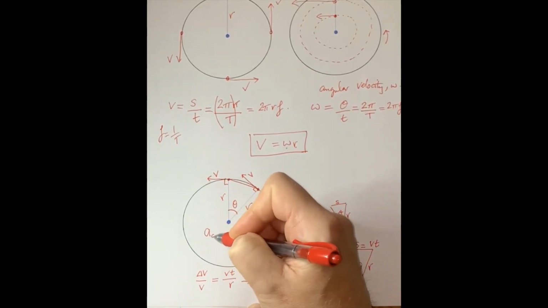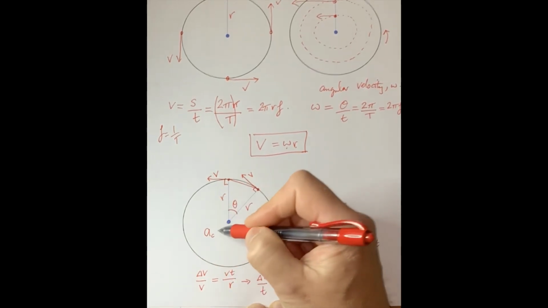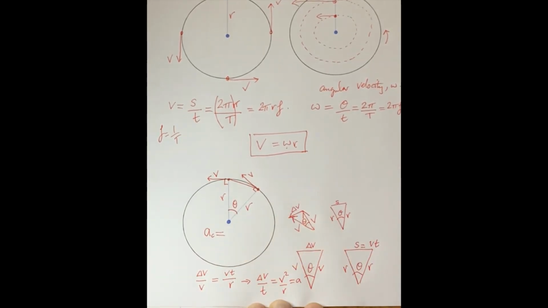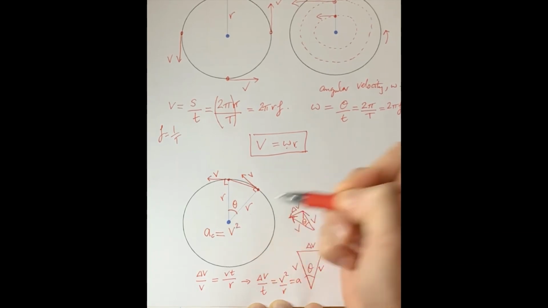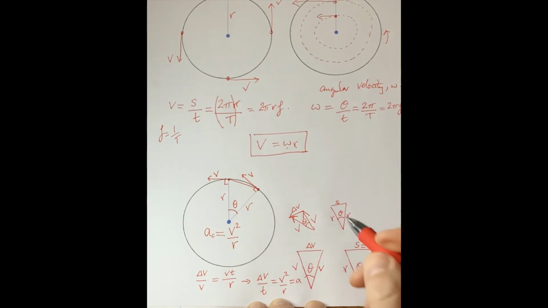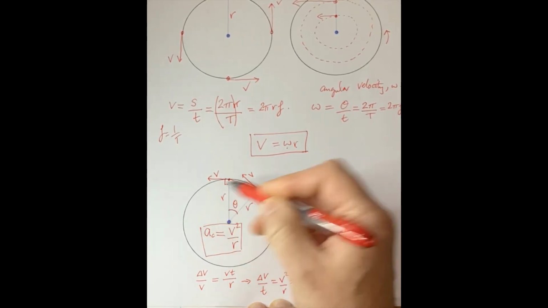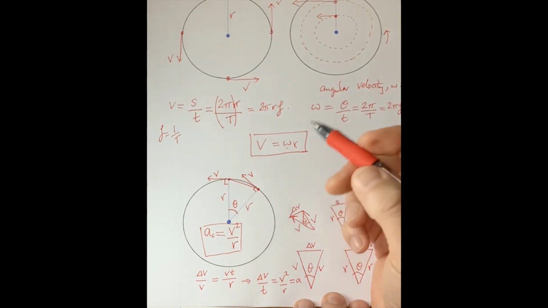So the acceleration, or more to the point what's known as the centripetal acceleration, is equal to the linear velocity squared divided by the radius of the circle that the object's moving through.